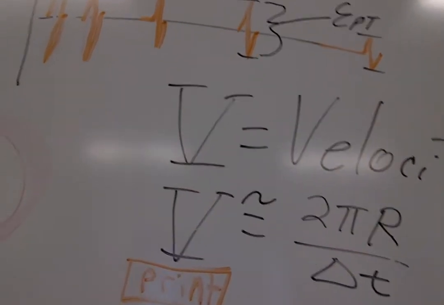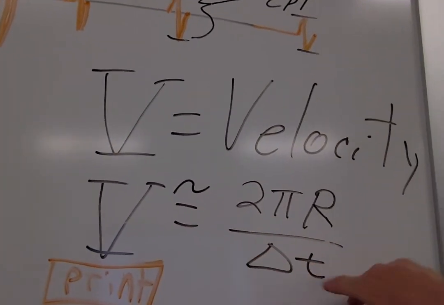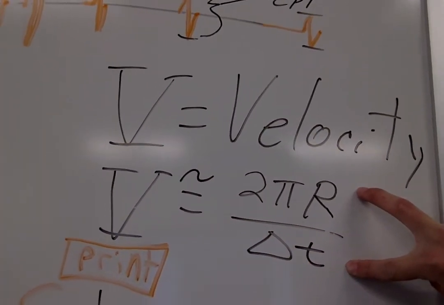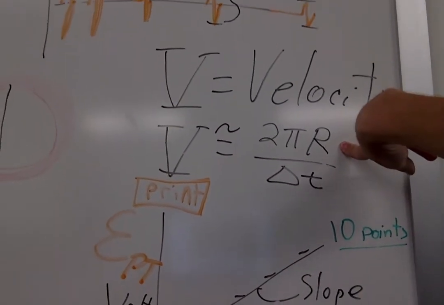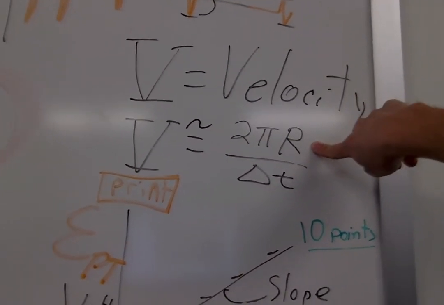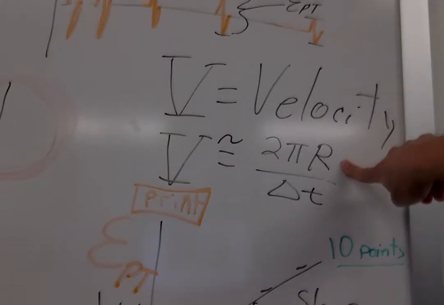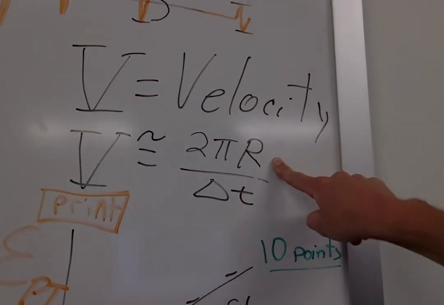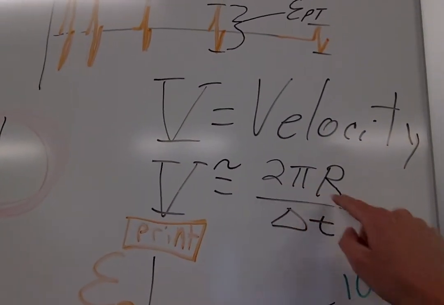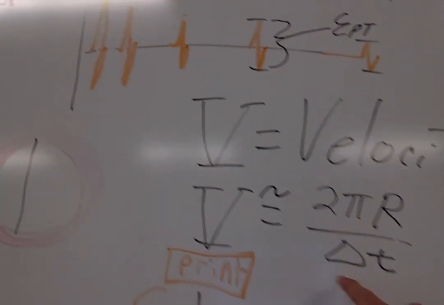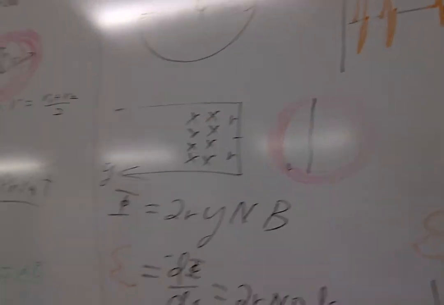There we are. Couldn't find it on the board. You plug it into this equation right here, and then, what is our R? Our R was 2,000 turns, I believe. So R should just be 2,000 revolutions divided by delta t, 2 pi r, divided by what you found for the distance between these. And that's it.